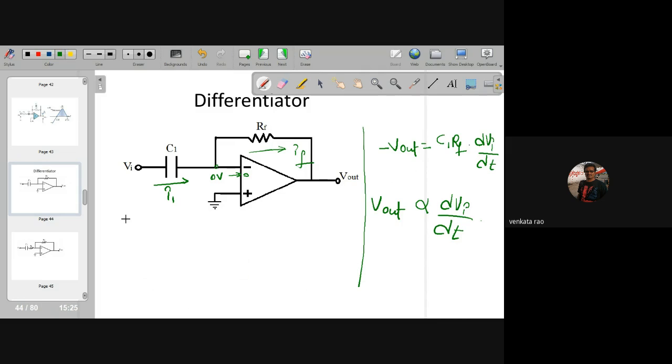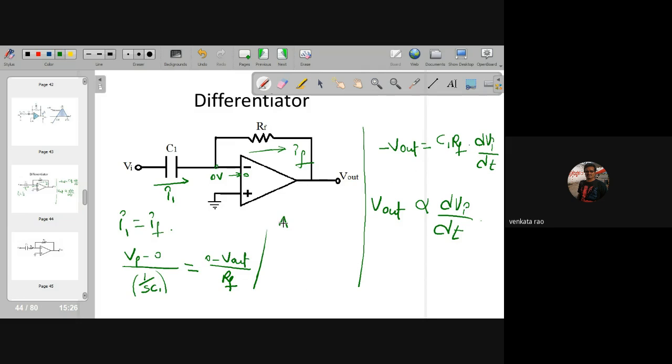In this, I1 is equal to IF. I1 is the current through this, that is Vi minus 0 by 1 by SC1, equal to 0 minus V output by RF.